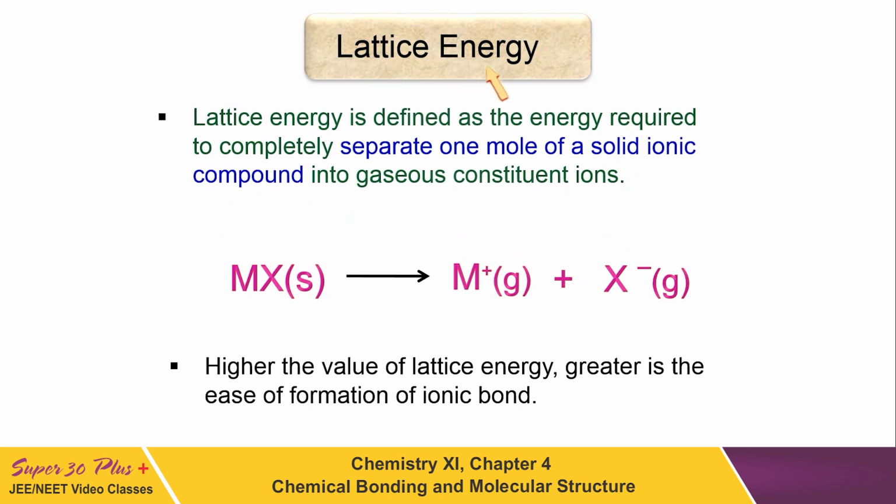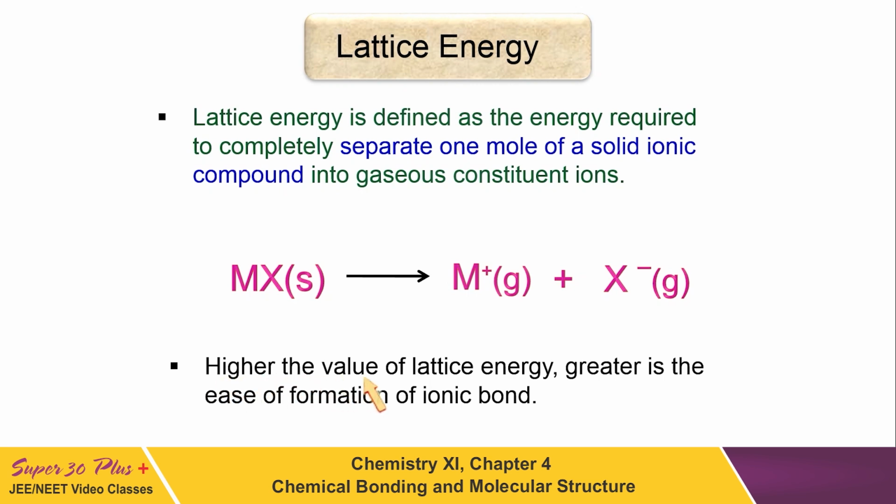Third one is the lattice energy. Again, we are discussing this. What is lattice? It is the three-dimensional structure of the solid ionic compound in which cations and anions are present. Whenever any lattice is formed, some amount of energy is released. And of course, when you try to dissociate the same lattice, then the same amount of energy will be required to dissociate it.